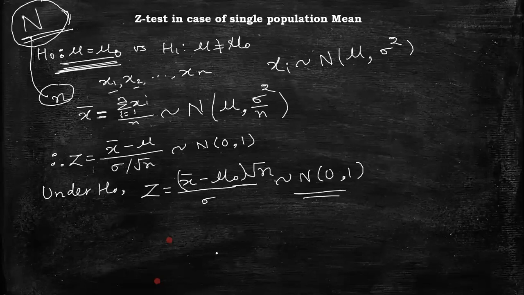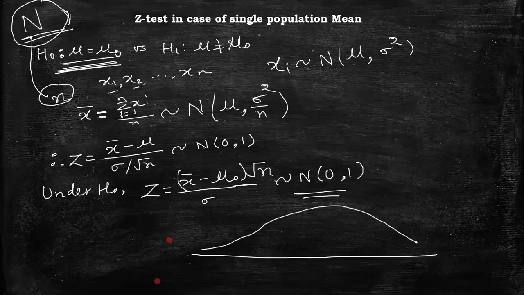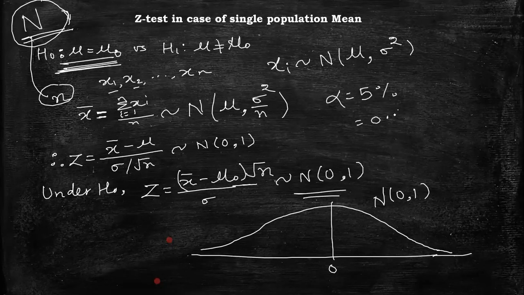Then we have to find the calculated value and compare it with the table value. This is the normal 0, 1 distribution. The level of significance alpha is 5%, that is 0.05. The value of z should be very close to 0.